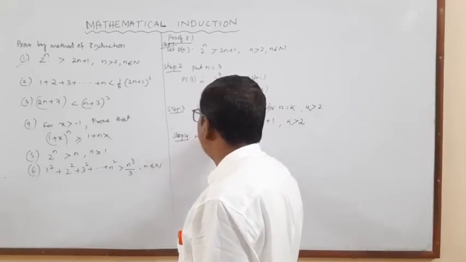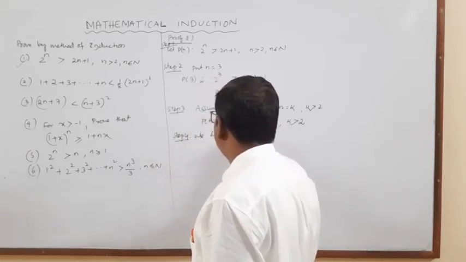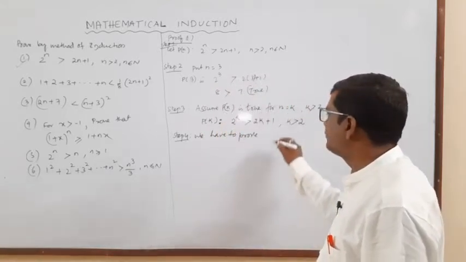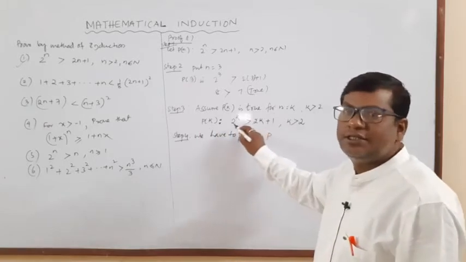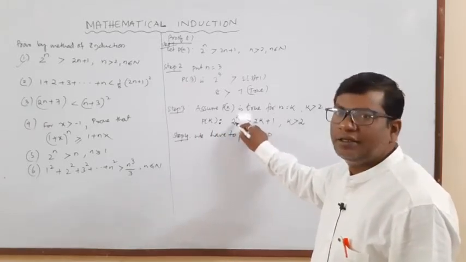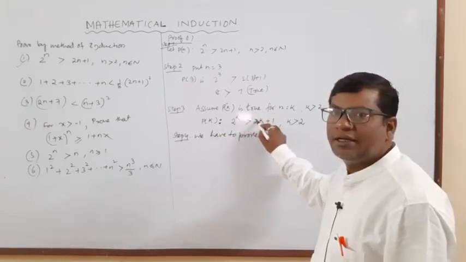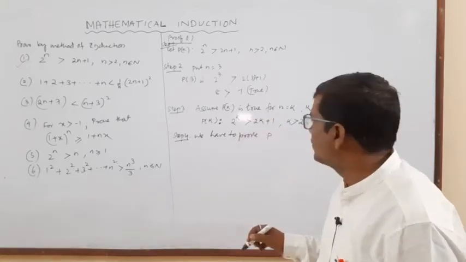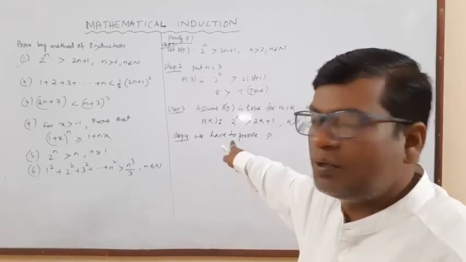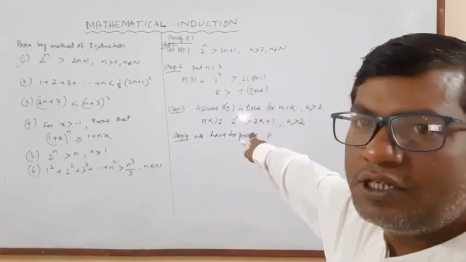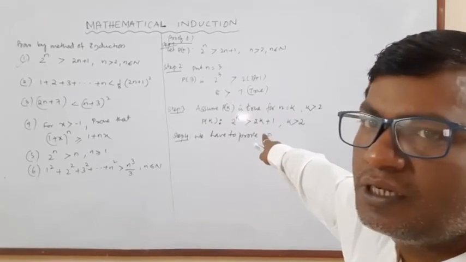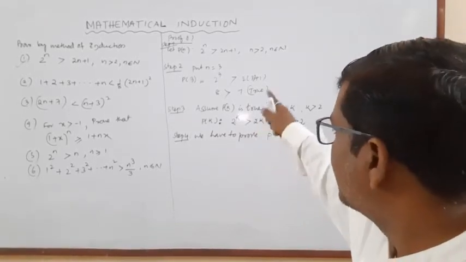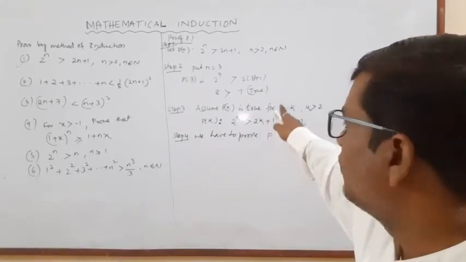we have to prove P(k+1) is true. The focus portion is P(k), such that 2 to the power k is greater than 2k plus 1.